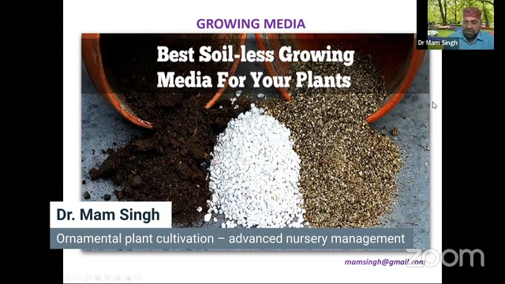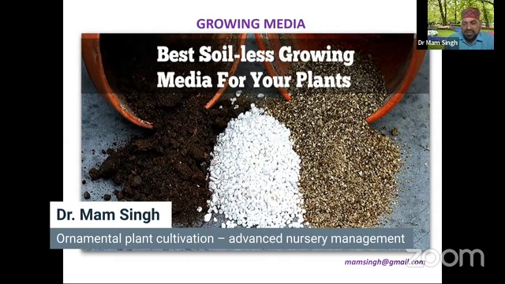So this checks the evapotranspiration loss of water in the growing media, and at the same time, it makes the roots travel across the walls of coco peat and perlite. So then you have a very good and uniform distribution of roots in the flux. This media is the standard media, which I think is available worldwide, and it is already standardized.